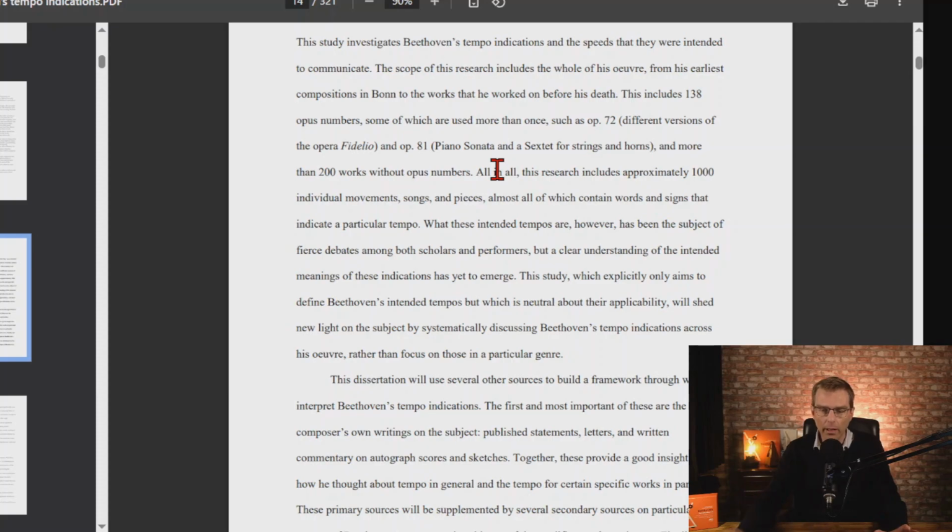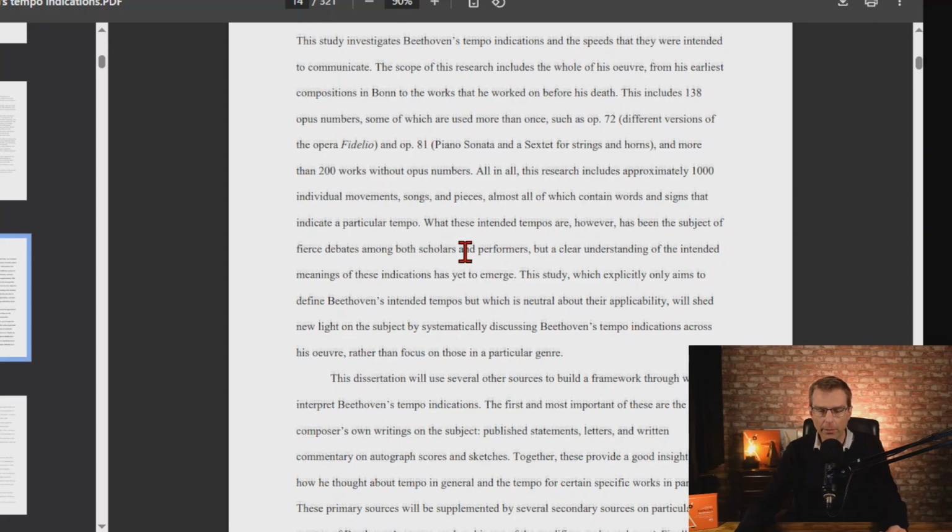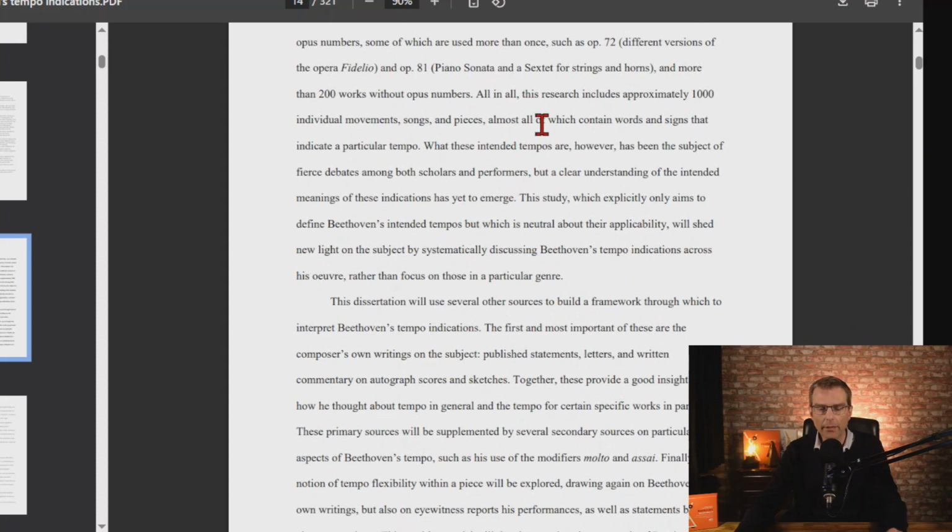It doesn't work. And what ends up happening then is a sentence like this, still on page 14, at the beginning of his thesis on Beethoven's tempo indications. So the mysterious Beethoven's metronome actually stands for all the metronome marks that we have from the 19th century.